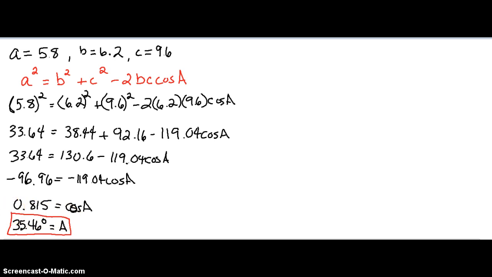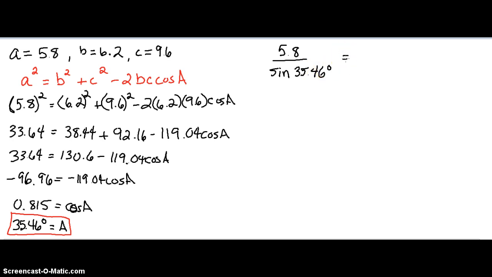So let's go in now and find angle B. Because we've got two sides and an angle, what I can actually do now is just refer to the law of sines. So I'm going to take my 5.8 and put it over sine of my newly found angle A, which was 35.46 degrees.